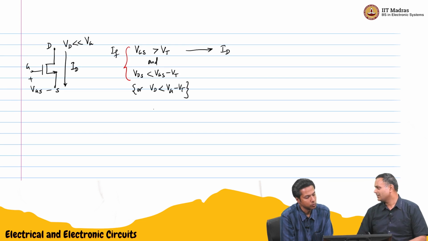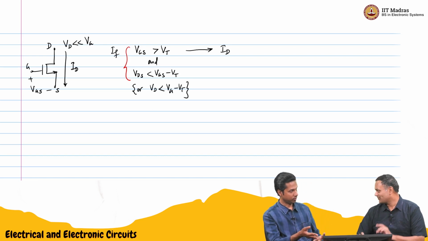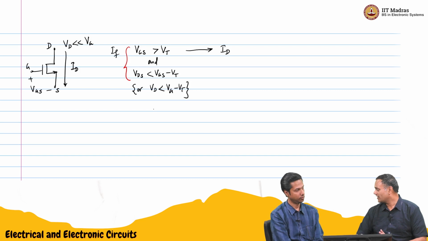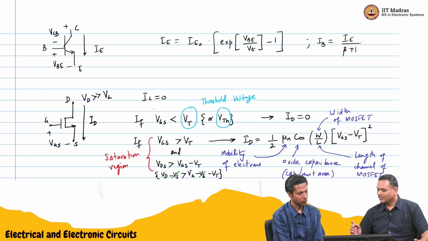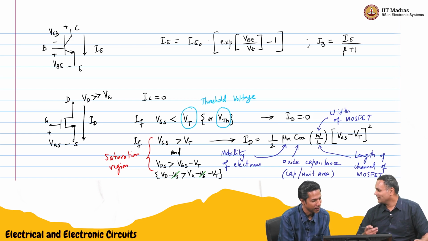You can also express it like this, just like before. For this region, there is a different expression, also quadratic, but slightly different. As you rightly pointed out, the previous one is called the saturation region because the current doesn't depend on VDS. Now in the other region, it will start depending on VDS.